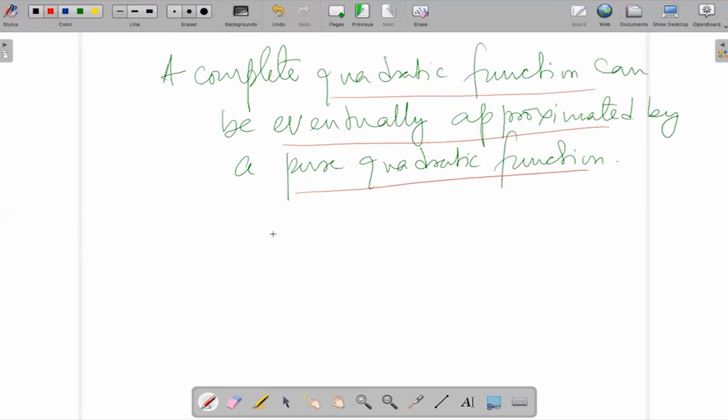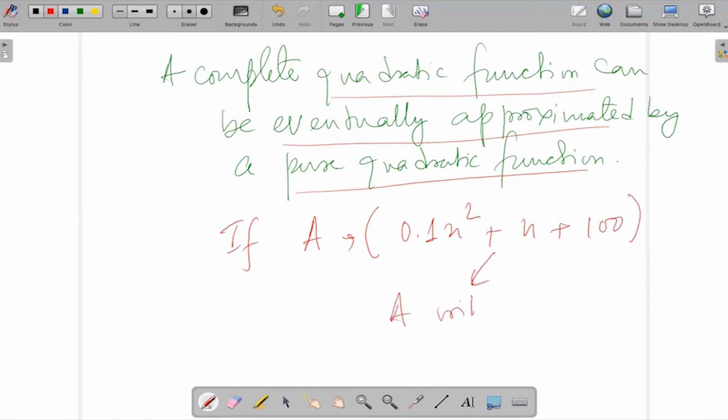So this means that if, say, there is an algorithm A which has a running time complexity of 0.1 n square plus n plus 100, then we can say that A will eventually be a quadratic time algorithm.